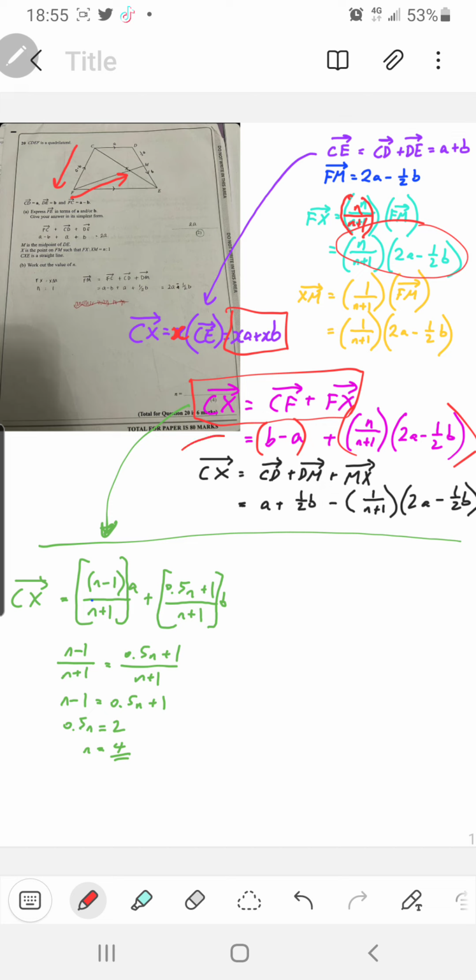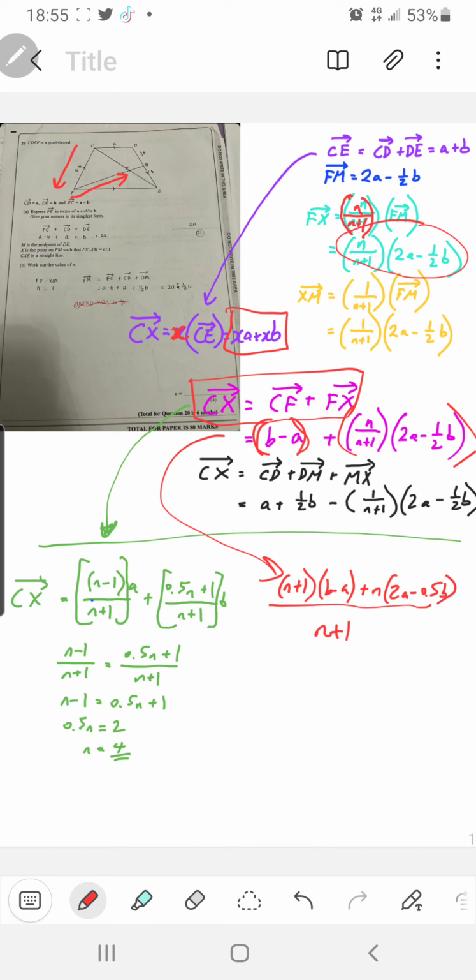So if you add them up, you have a fraction over here, you can assume this is like whole numbers. So to make them all over n plus 1, you need to multiply this CF by n plus 1. So n plus 1, and then B minus A, and then you will have n, and then 2A minus 0.5B.